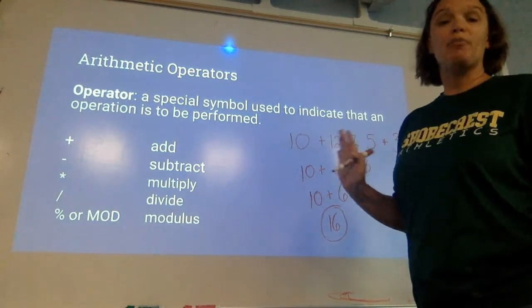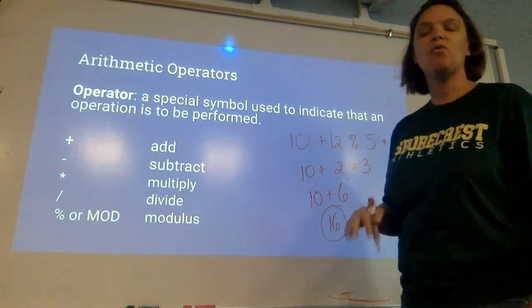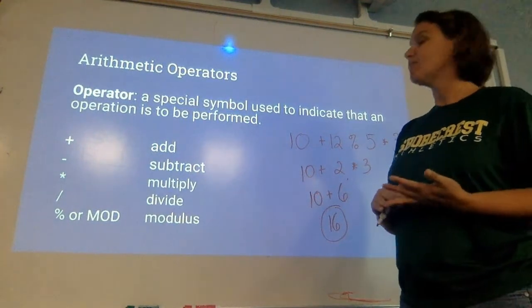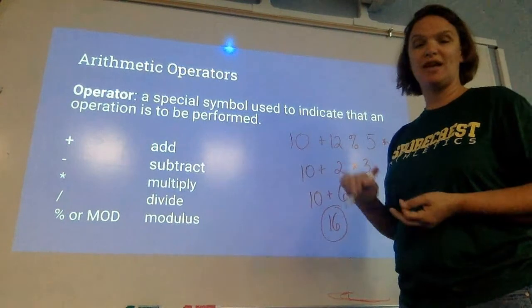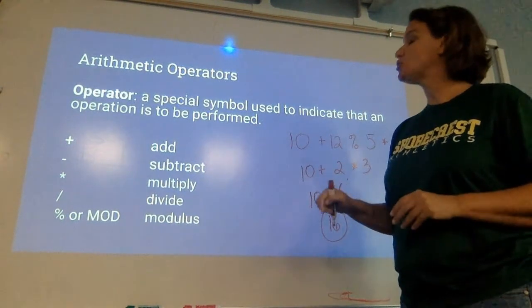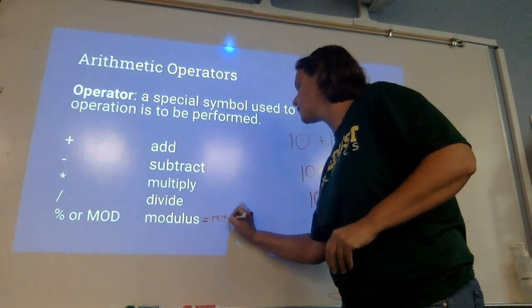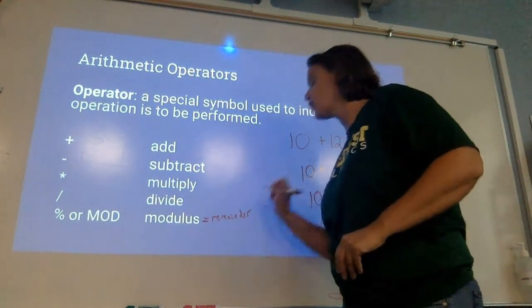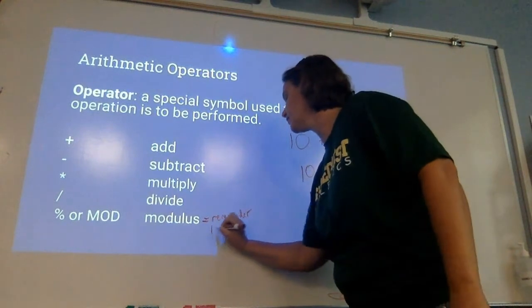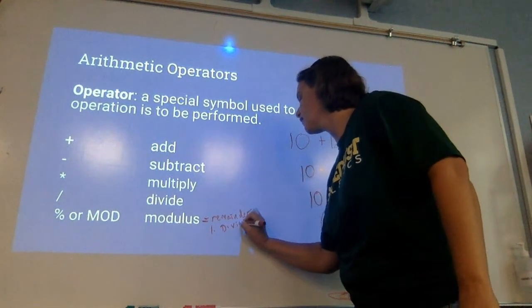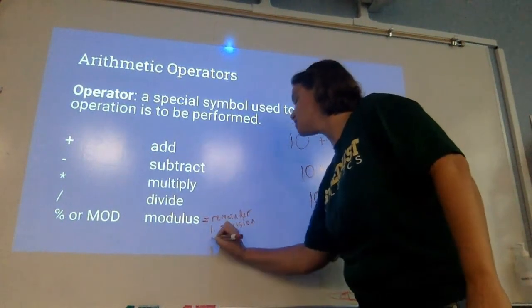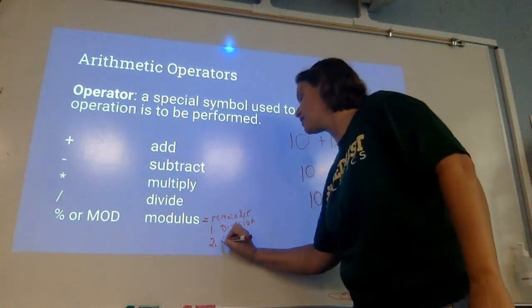So, a couple reminders of what we talked about today. We talked about modulus. Modulus is another arithmetic operator. It helps you find the remainder. So first you do division, and second, you find the remainder from that division.